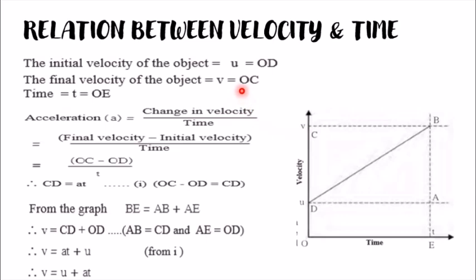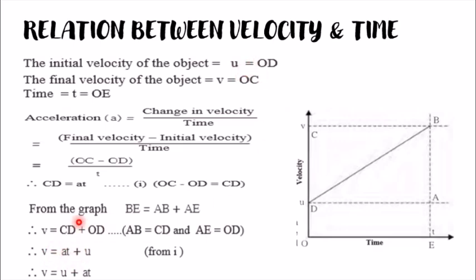We have already found out that CD is at, that is acceleration into time, and OD is u, the initial velocity. So we will just put the values here.